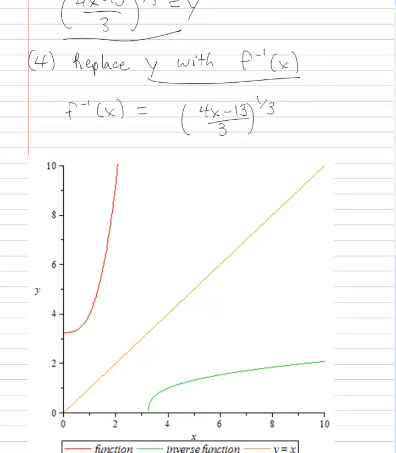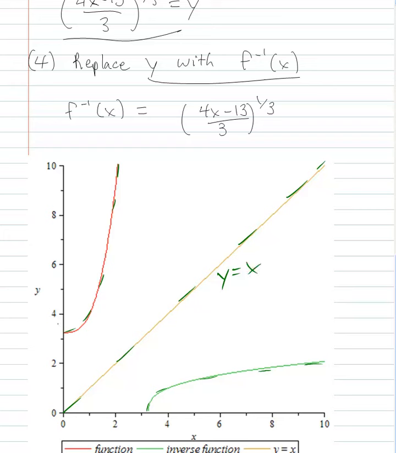To graphically show what was going on here, this is our original function, and this is our inverse function. And all we did was we swapped x and y values. So when you swap x and y, you are effectively just reflecting your graph about the line y = x.